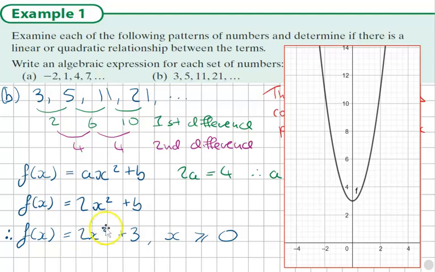Our highest power of x is 2, so it's a U-shaped graph. It's positive 2x squared, so that's why it's a U and not an N. If this had a minus in front, it would be an N-shaped graph. And our constant is plus 3, so it cuts the y-axis at plus 3. So this is what it would look like graphically. So the pattern 3, 5, 11, 21, drawn out graphically, looks like this.